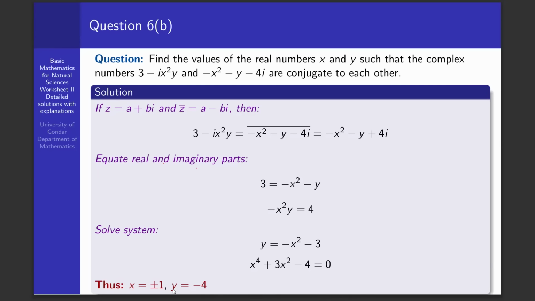Even if we take minus 1 again for x, it is still minus 4. So the values of x and y which can make this complex number the complex conjugate of this one, or vice versa, are when x is plus or minus 1 and y is equal to minus 4. So this is the solution.